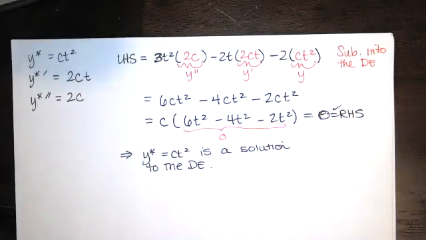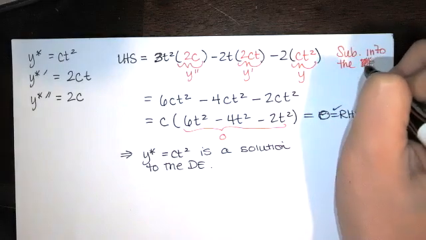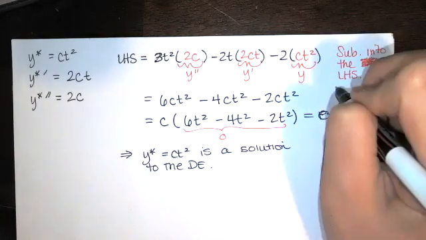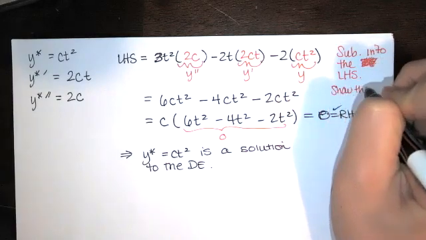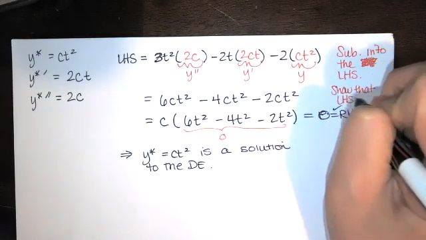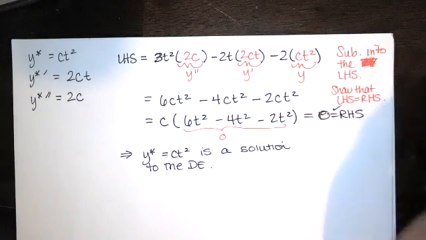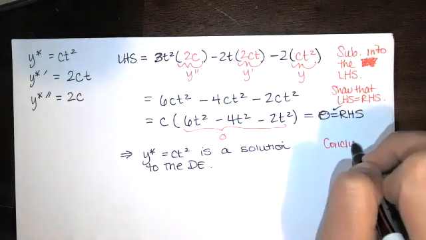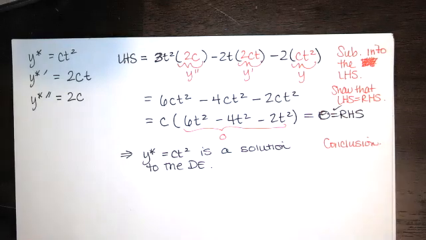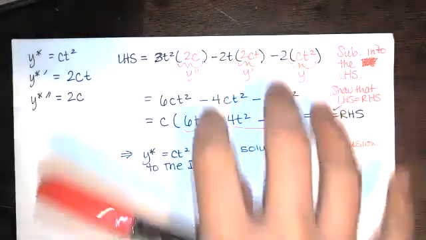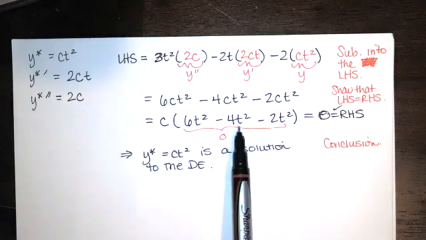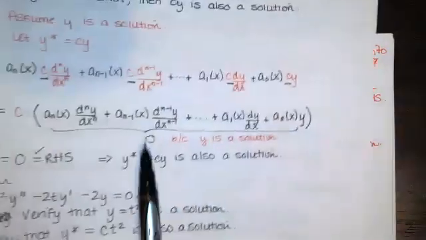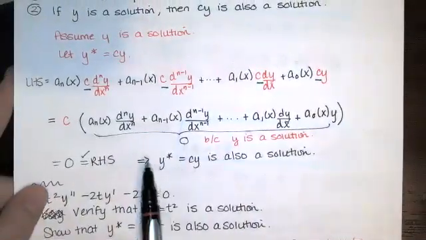And again, you're substituting into, keep doing that, not the differential equation. You're substituting into the left-hand side, and you want to show that the left-hand side equals the right-hand side. If you can show that, then you have verified that your function is a solution of the differential equation. Now, I wanted to show you with a concrete example what happens here, and I wanted to show you by factoring out that c, because that's why this works in general.